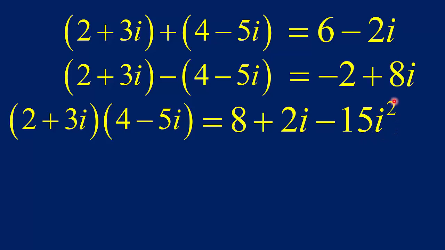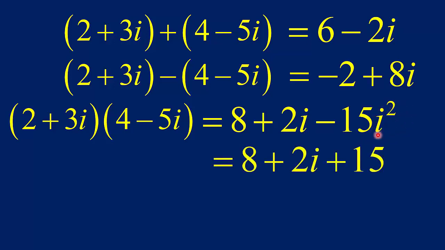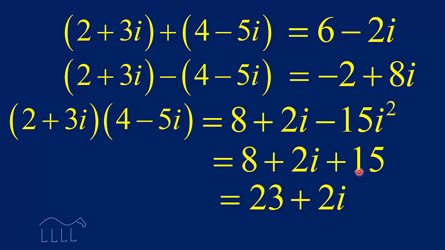And here's what I said. i squared should be replaced by -1. So this -15i squared is -15 times -1, which is a positive 15. Add like terms, and we get 23 plus 2i. There. So just some reminders about how these operations work.